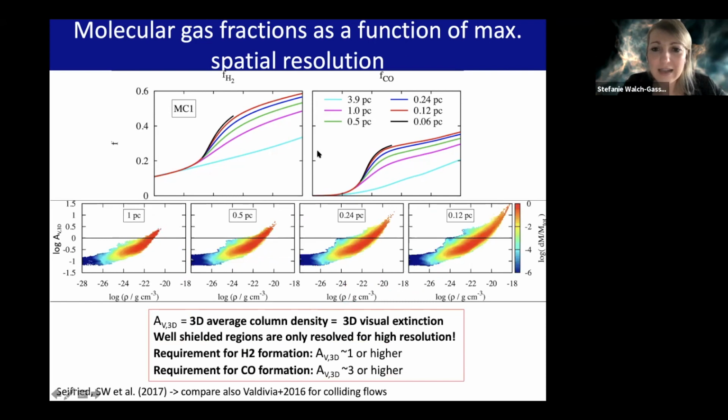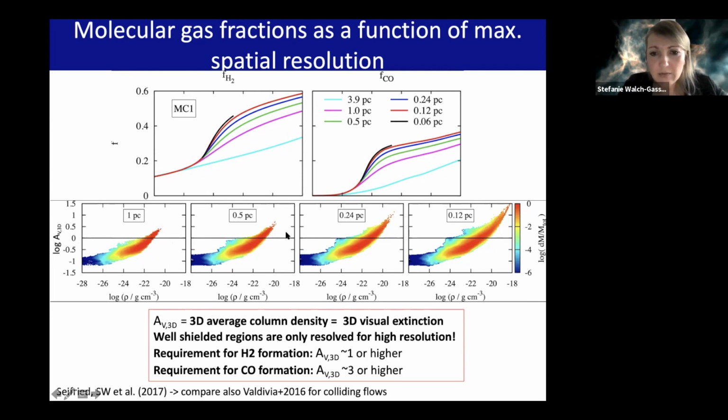We can also understand why this is the case. In the beginning I said that for forming H2 or CO, you need high visual extinction. What I plot here is, for the different simulations, from 1 parsec going down to 0.12 parsec maximum resolution, the 3D visual extinction, in this case as a function of density, but it doesn't matter so much what's on the x-axis. What matters is that you see here a visual extinction of 1, that's the black line.